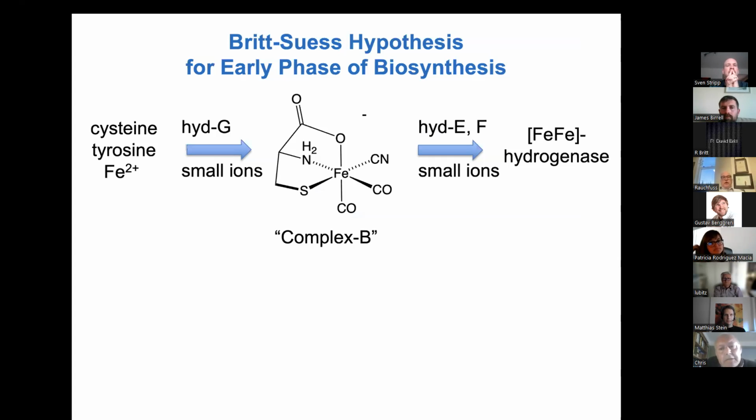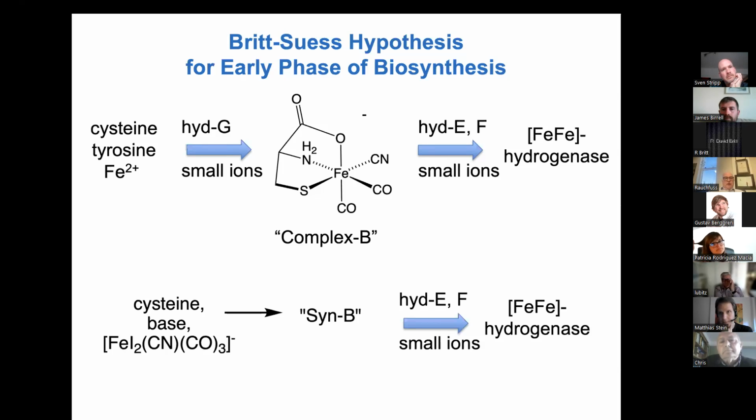It makes this fairly conventional looking coordination complex, an 18 electron octahedral ferrous complex. And this is the material that is attached to the cubane, and then it dissociates, perhaps being displaced by cyanide. And the hypothesis was that this is the precursor for Hyd-E and Hyd-F.